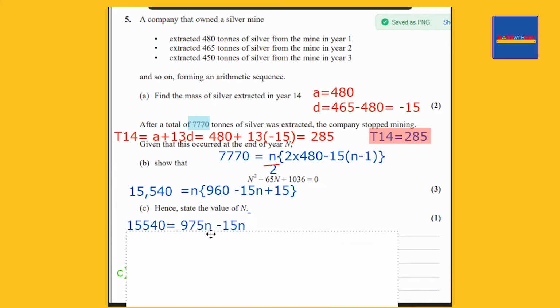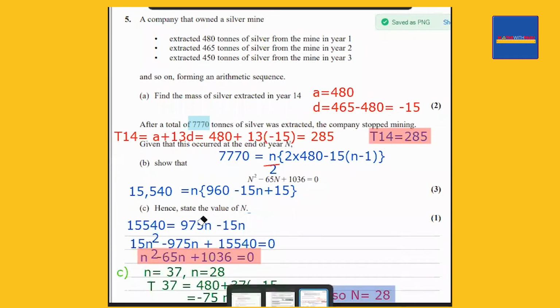So our right-hand side will become 975 minus 15n, because there's an n outside. We multiply the 975 minus 15n by the n outside, and when we move our terms from one side to the other, we end up with 15n squared minus 975n plus 15,540 equals 0.